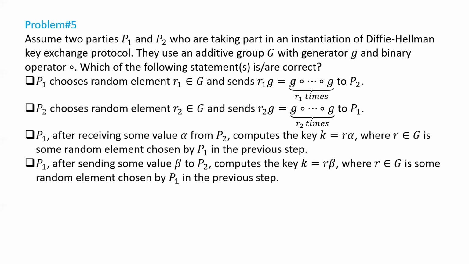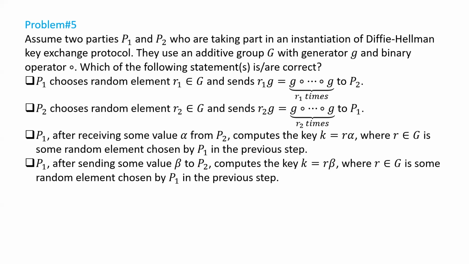The next statement says that P1, after sending some value beta to P2, computes the key K as R into beta. So basically P1 sends beta to P2 and it does not calculate the new key using the value beta that it sends to P2, rather it computes on the value received from P2. As the previous third statement said, the key should actually be R into alpha, not R into beta, because that would lead to beta being of the form R1G.